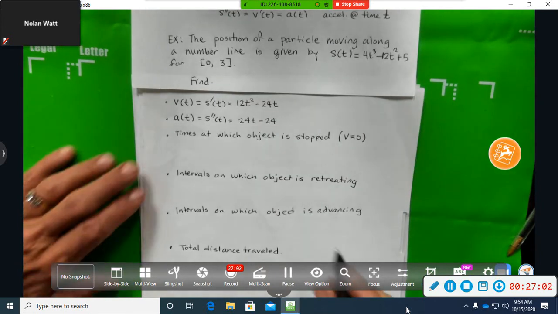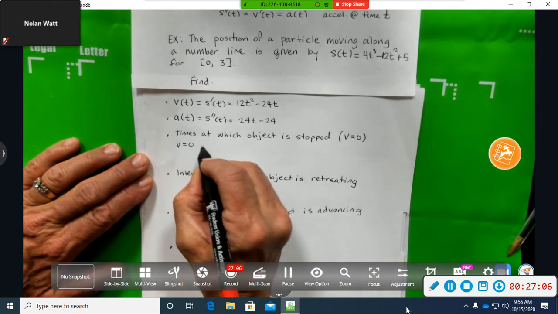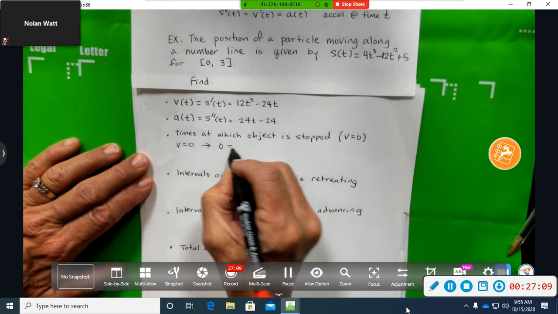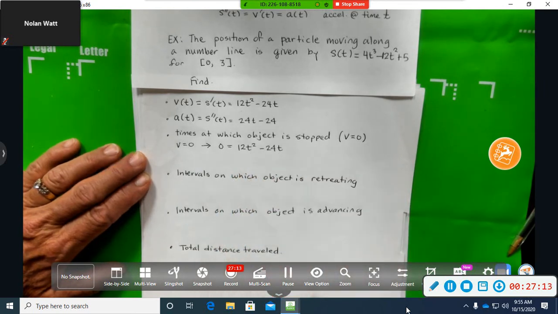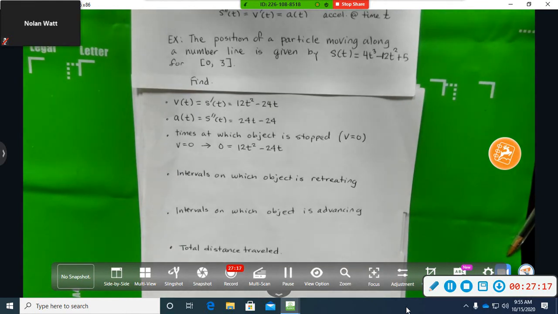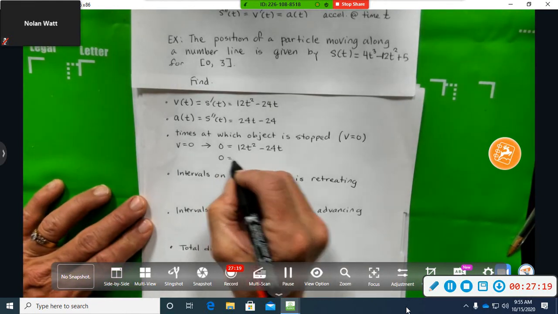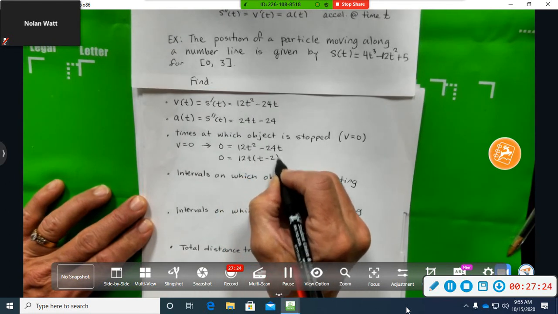The times at which the object is stopped, we set this velocity equal to 0. And we'll solve that by factoring. We have a common factor of 12t. That leaves the other factor as t minus 2.